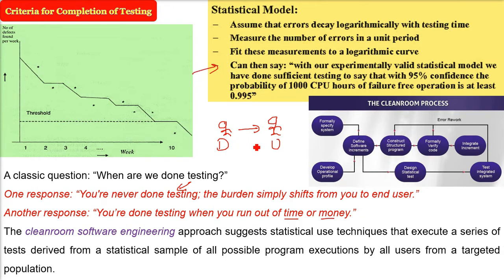These approaches suggest statistical use techniques that execute a series of tests derived from a statistical sample of all possible program executions by all users from a targeted population. So people say that in this kind of approach you can decide when the testing will end. So you are 100% sure all the testing has been done in this clean room. We'll talk about that later. But this is how it is done.